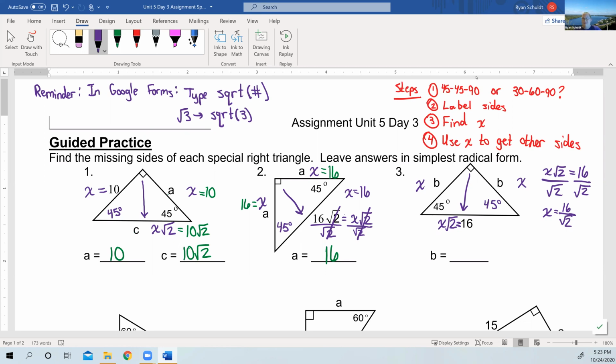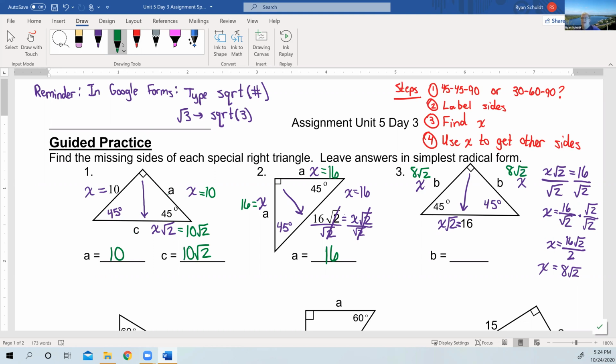I can't leave it like that. So I need to multiply by the square root of 2 over the square root of 2. Just like we did on day 1. So x equals 16 square roots of 2 divided by 2. 16 divided by 2 is 8 square roots of 2. There's our x. So anywhere I see an x, I need to write that. So 8 square roots of 2, 8 square roots of 2.